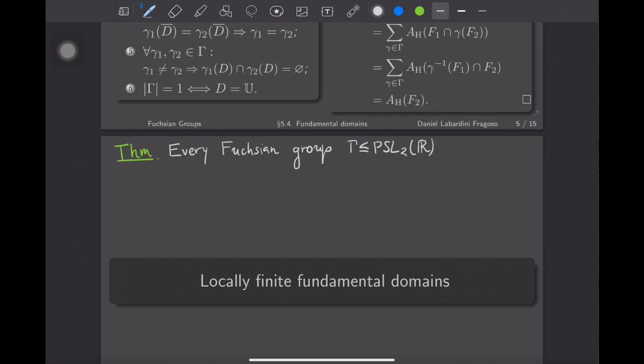Yeah, it's either finite or countable. So I will just say it's countable. We want it to be not uncountable.